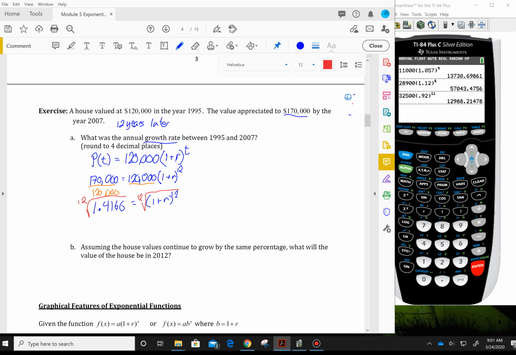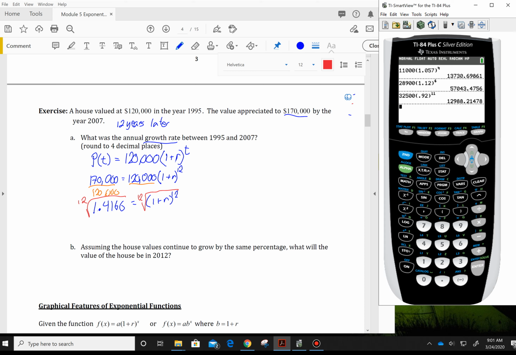And the 12th root of the 1.4166, well, let's calculate on my calculator just so you can see how I do this. Everyone's calculator is a little bit different, but on my calculator, I have to hit the value of the 12 first. And then located under the math key, option number 5, it has an xth root.